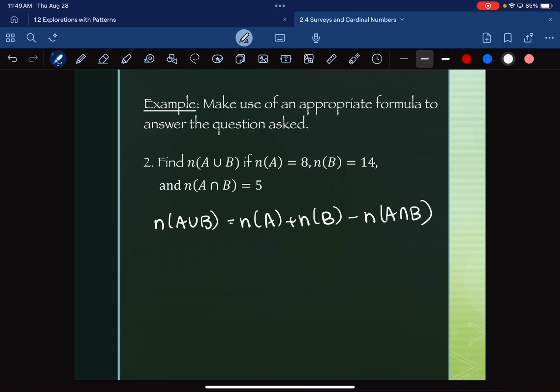Now, I want you to pause and look at this carefully. There's 4 things we're adding and subtracting here, right? There's 4 different locations. They're all 4 different things. Agreed? What that means is that they could give you any of the 3 and ask you to find the 4th. They don't have to only ask you to find what's on the left.